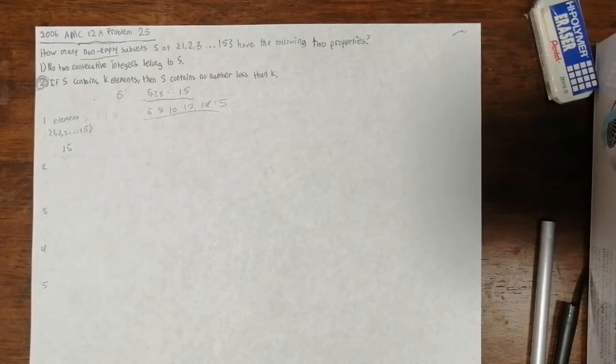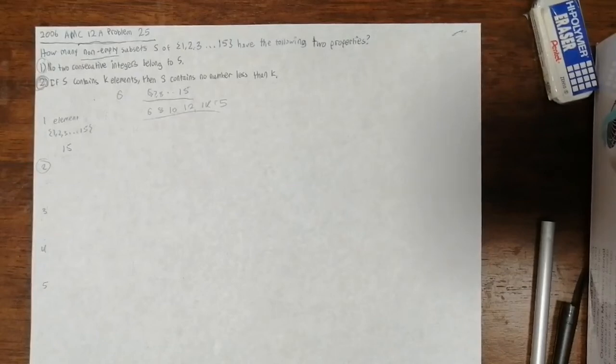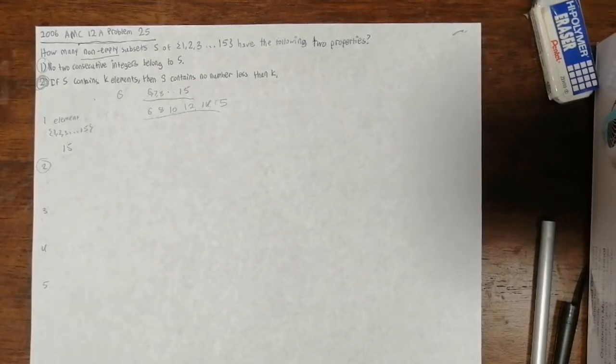Okay, now let's say S has 2 elements. This gets a little more tricky because we have to worry about condition number 1 now: no two consecutive integers belong to S. Now, the simplest way to think about this is using complementary counting.